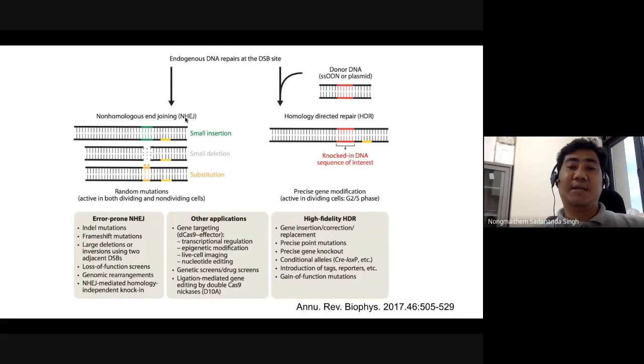Now NHEJ is error prone and trims the ends in a sharp way, inserts or deletes certain nucleotides, and just ligates it. So in that process, a few nucleotides are inserted or a few nucleotides are deleted. Okay, so insertions or deletions, what we call together as indels, are introduced in the genomic site.